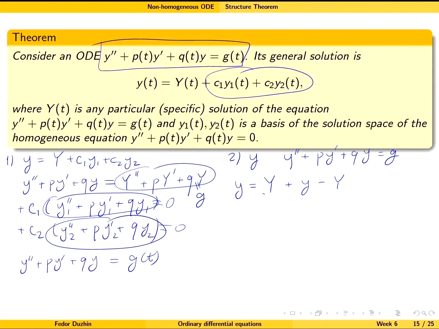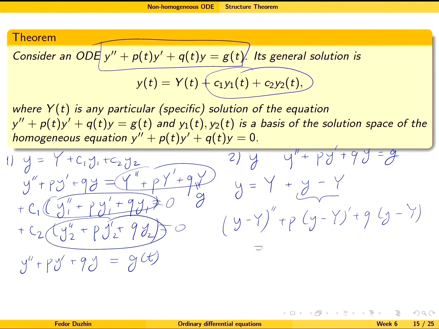So this is our y capital, our particular solution. So what we need is to verify that this part is a solution of the homogeneous equation. Is it true or not? So let's try. (y minus y capital) double prime plus p (y minus y capital) prime plus q (y minus y capital).